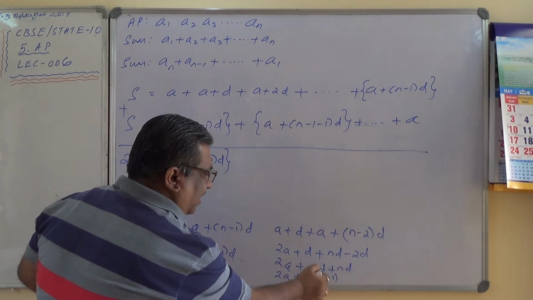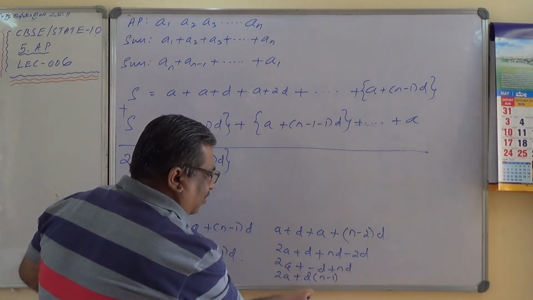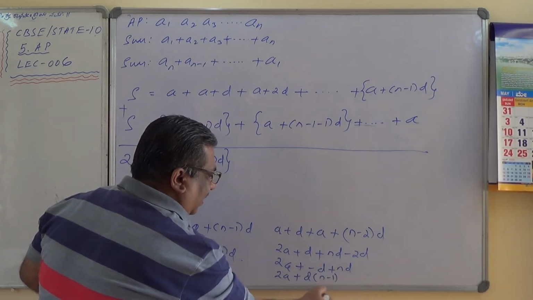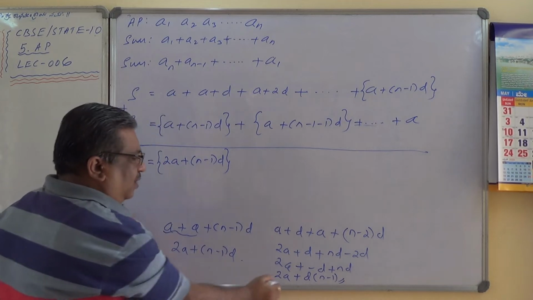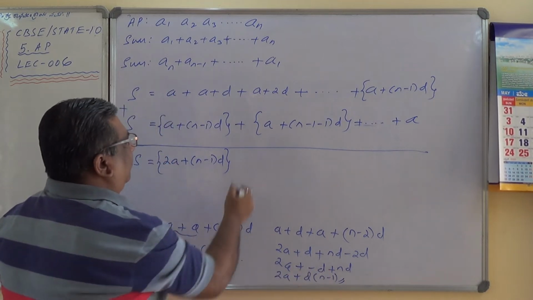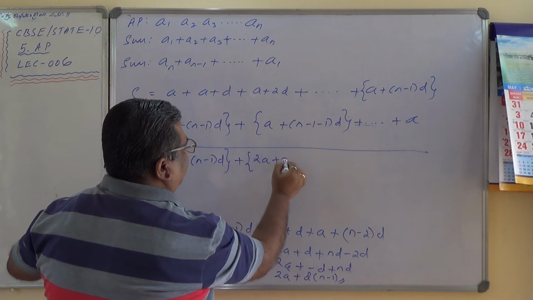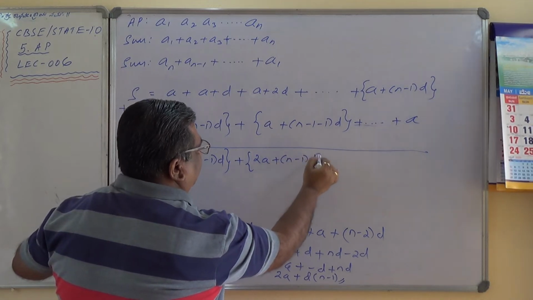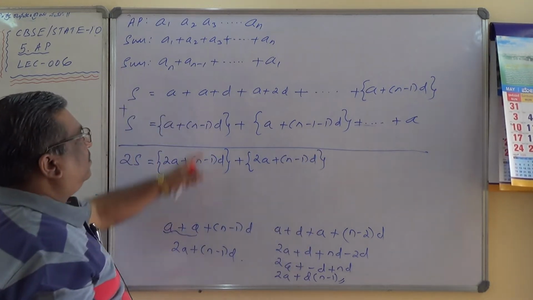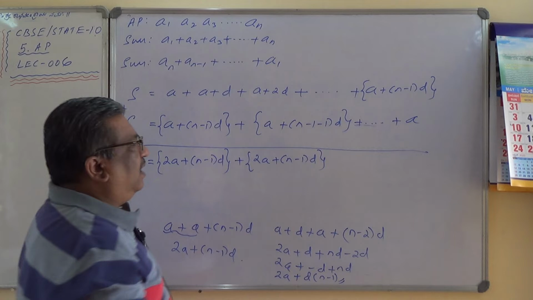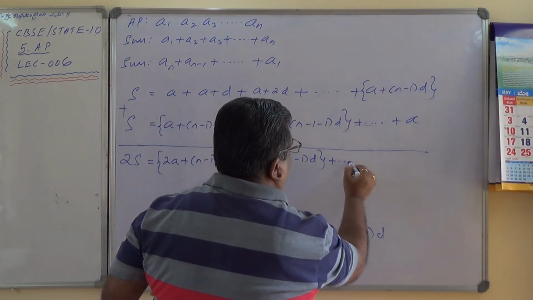First I write nd and minus d, take d common, n minus 1. So the second term is also 2a plus n minus 1 times d. Similarly you work out the third term, and finally I will work out the last term.